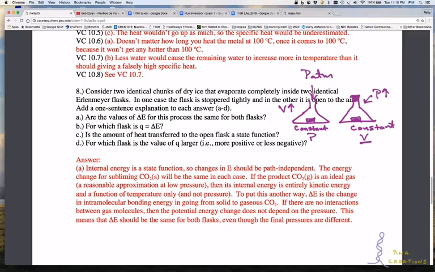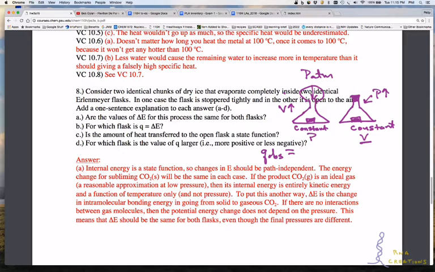You could imagine that there's a balloon over the top of this, and as this piece of dry ice sublimes, that balloon would fill with the CO2 gas. The thing we need to think about is that you're going to observe a certain amount of heat in each of these experiments.